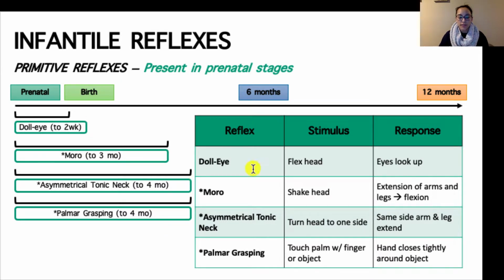The doll eye reflex very quickly disappears after birth. I have a speculation that it's because of our ability to see outside of amniotic fluid. So the doll eye reflex stimulus is if the head is flexed, right?